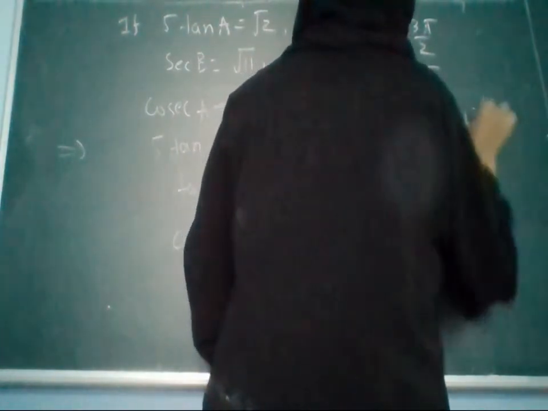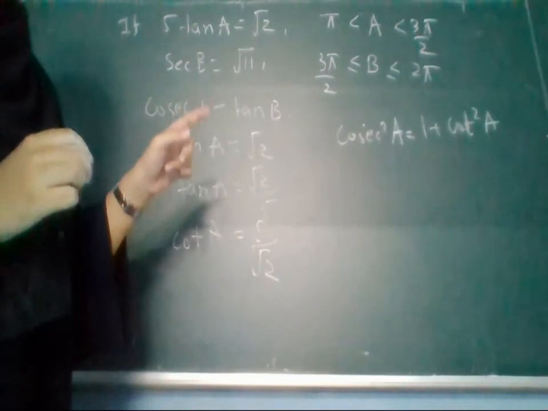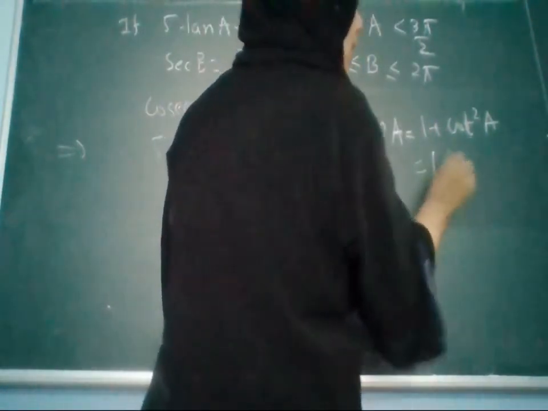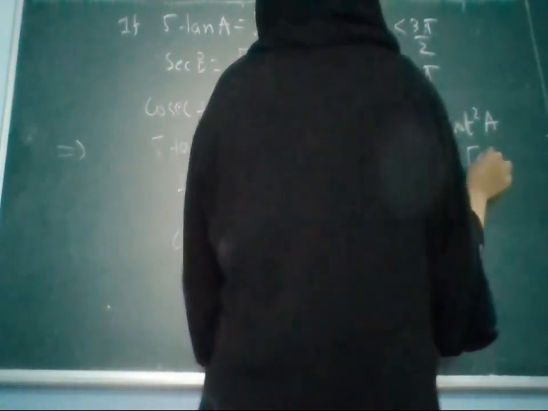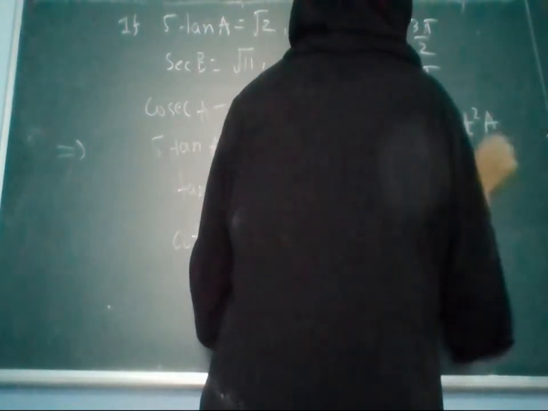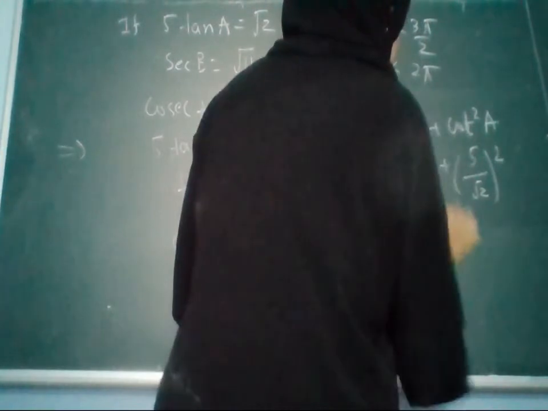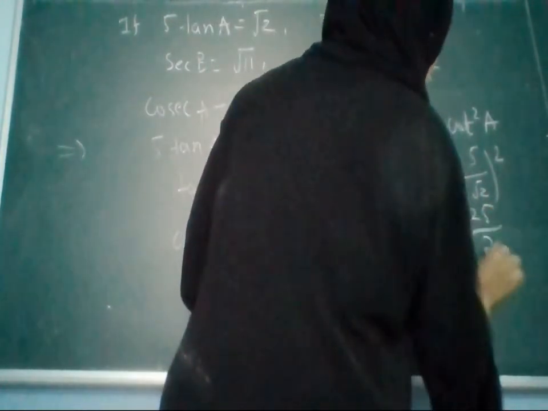Cosec square a is equal to 1 plus cot square a. And we have the value of cot a as 5 upon root 2. So it will be 1 plus 5 divided by root 2 whole square, which is equal to 1 plus 25 divided by 2.